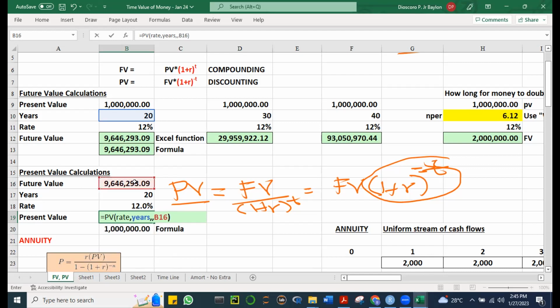All right, so control enter, and then we get a negative 1 million because our future value is positive. Therefore, our present value should be negative in terms of Excel. So let me just put negative there because we're not interested really in the direction of the cash flow. We're just interested in the absolute value.